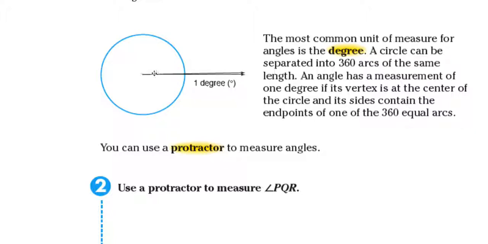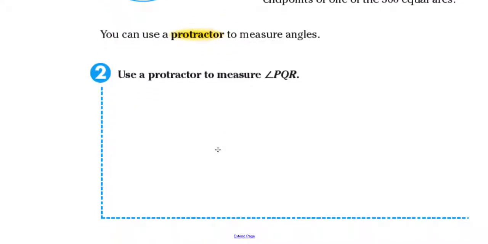So this is an example of a degree, and there are 360 of them in a circle. What we use to measure angles is called a protractor, and we study that in 6th grade as well.